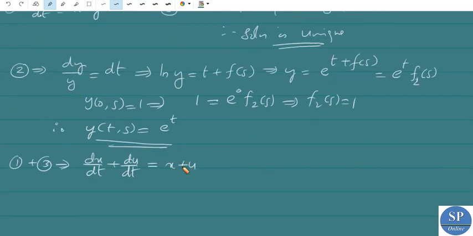Now it is actually separable, because this implies d by dt of x plus u equal to x plus u. Now it is separable in x plus u and t.